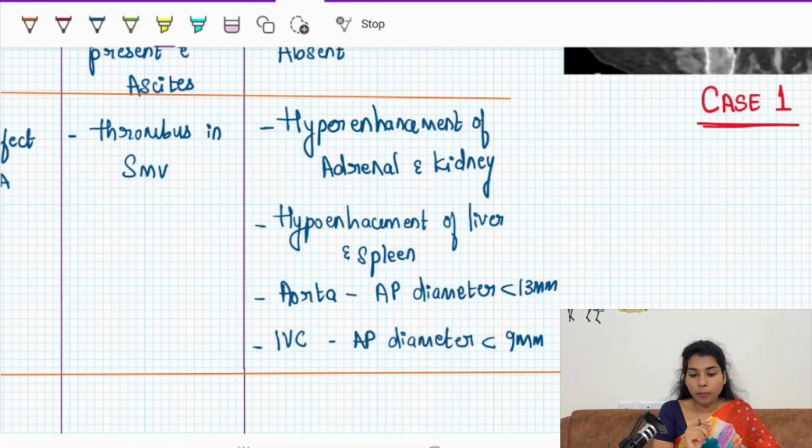And the most important is the anterior posterior diameter of the aorta should be less than 13 mm and the anterior posterior diameter of the IVC should be less than 9 mm. It is very important that before you call it a non-occlusive mesenteric ischemia, you see these associated findings, and only then you can tag the name of non-occlusive mesenteric ischemia, right?